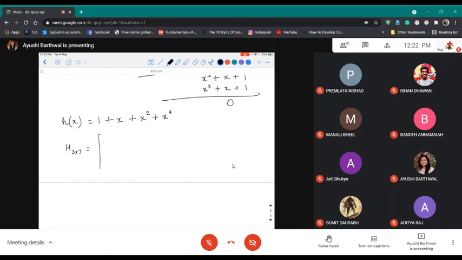So there will be 3 rows. The first row will be written by filling the first element with the coefficient of the highest order. So the first element would be 1, coefficient of x cube is 0, x square 1, x 1, constant term is 1, and then you have to fill this.